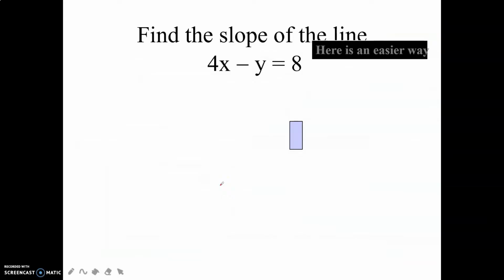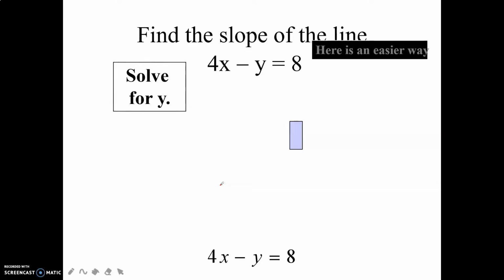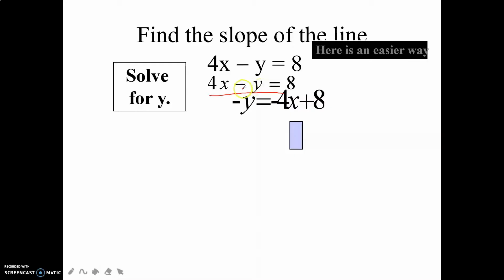Now, this is an easier way to find it out. First, we have to solve for y in terms of x. So, we have the equation 4x minus y equals 8, right? So, let's solve for y. Isolate negative y on the left side. Negative y equals, and then move all terms to the right side.